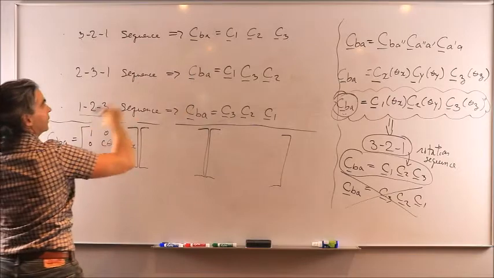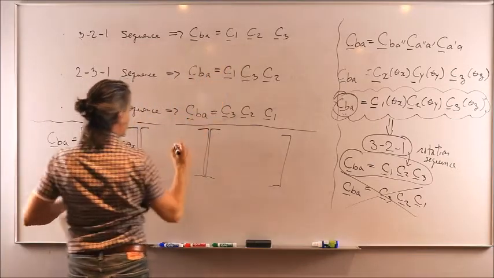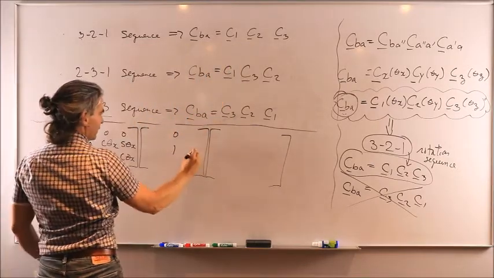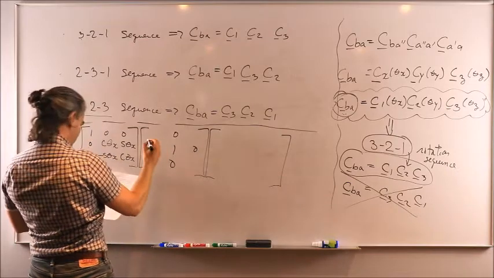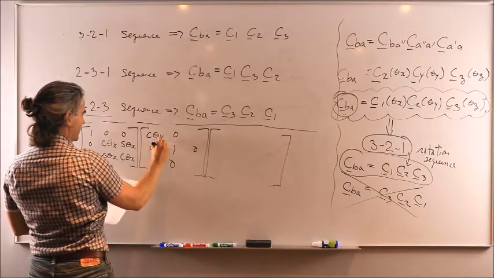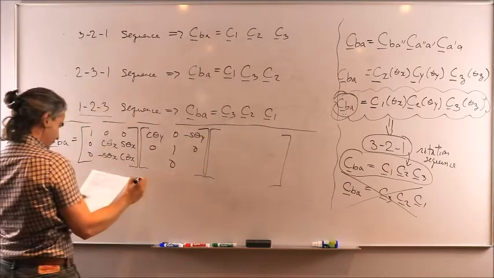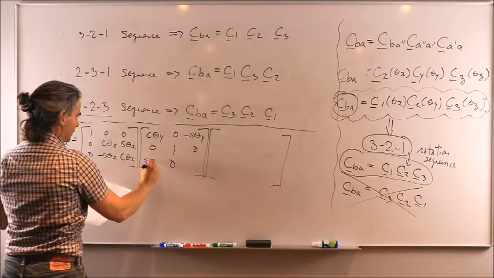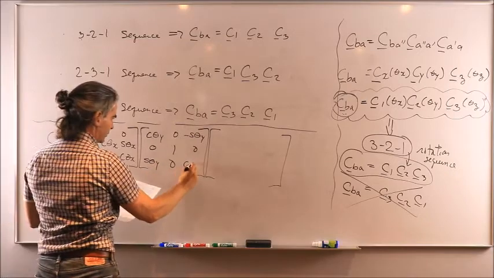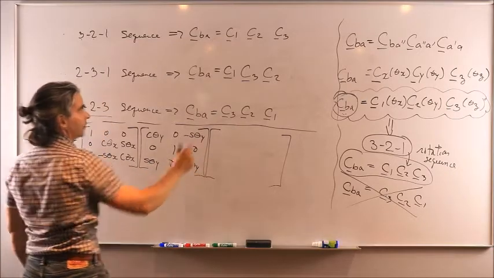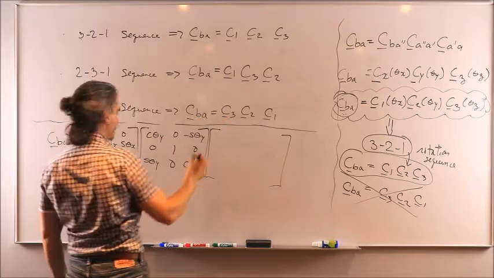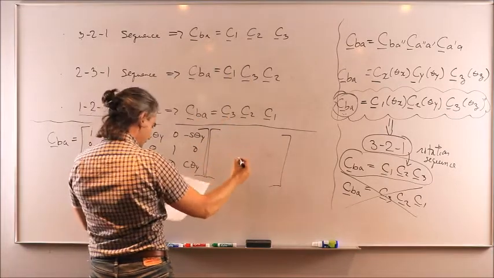Now, that was C1. C2 is like that, with cos, this time theta y, minus sine theta y, sine theta y, and cos theta y. And finally, my C3 for the 3, 2, 1 rotation sequence is the last one here.